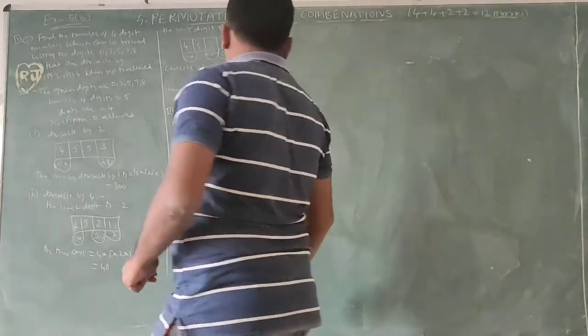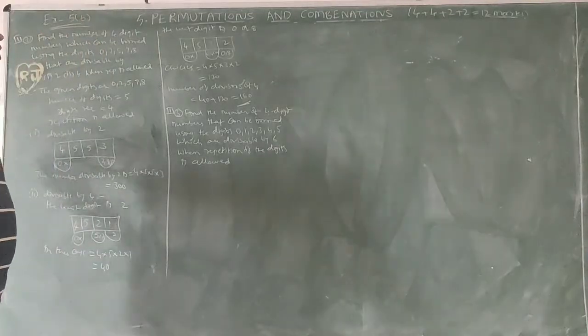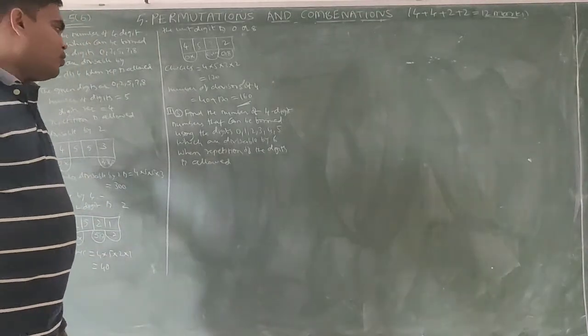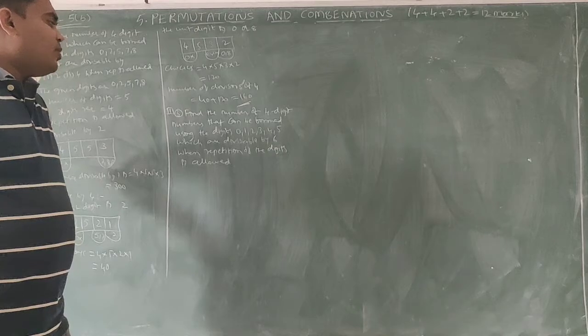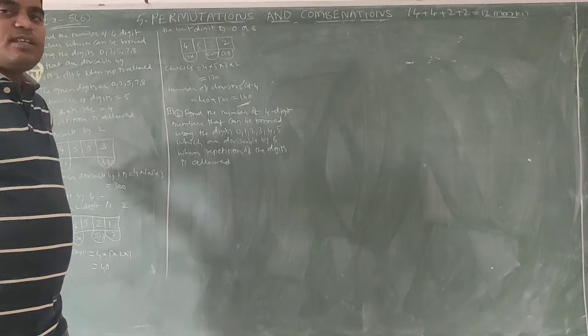Okay, so find the number of 4-digit numbers that can be formed with the digits 0, 1, 2, 3, 4, 5, which are divisible by 6 when the repetition of the digits is allowed.